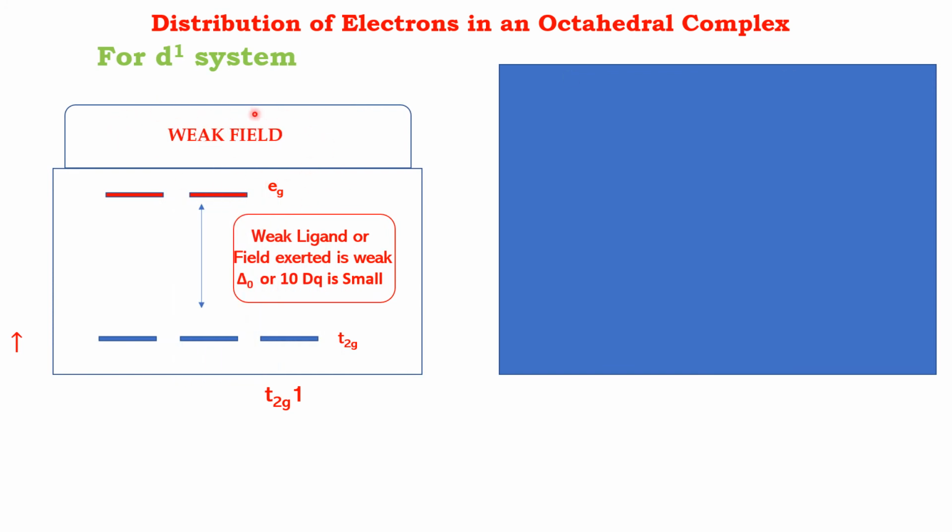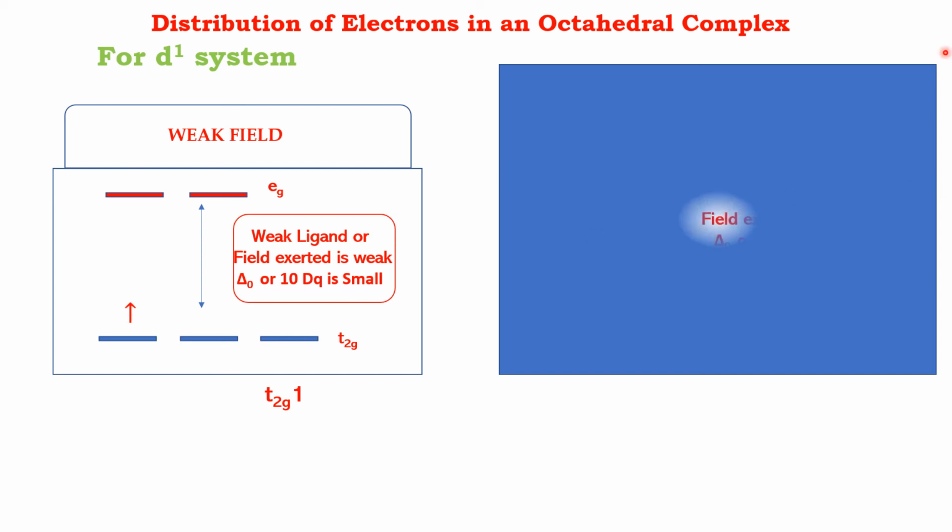That means I am considering a d1 system in a weak field, where the ligand is very weak. In such a case, the first electron will enter the t2g orbital, which has minimum energy. So the first electron will enter the t2g level, which is stabilized by an energy of 4 Dq.